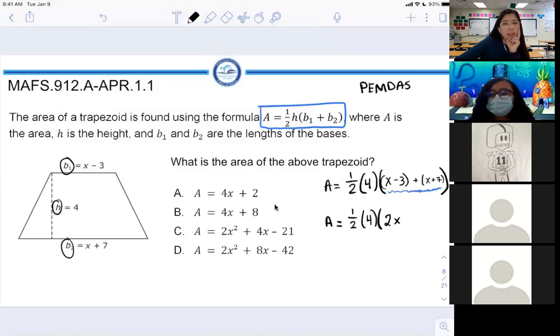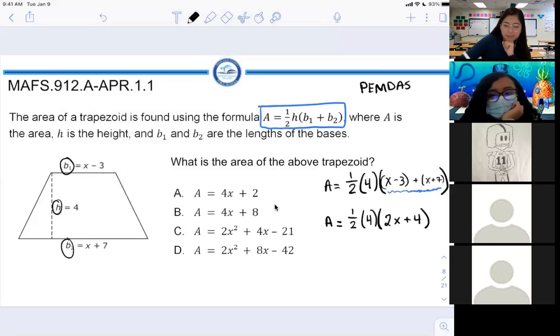I collected all of my x's. Now I have -3 and +7. Not 5. Do your math, Jalen. 4. There you go. 2x plus 4. Good.